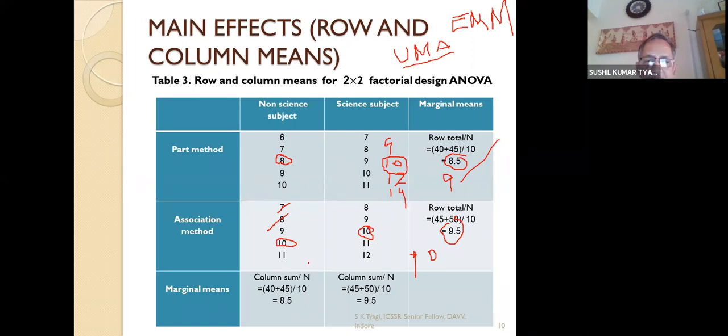Again 8 and 10, average is 9. This is 10, this is 10, average is 10. So in unbalanced ANOVA, we are using not actual means, not weighted means, but estimated means. These means have been estimated on the basis of cell means.